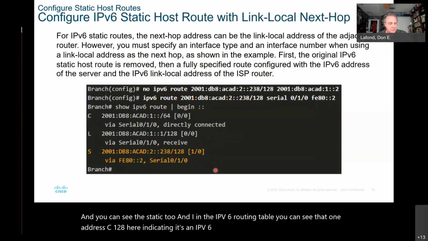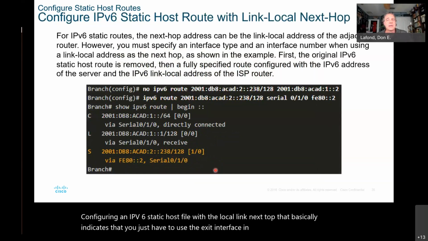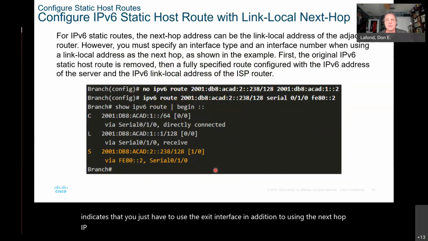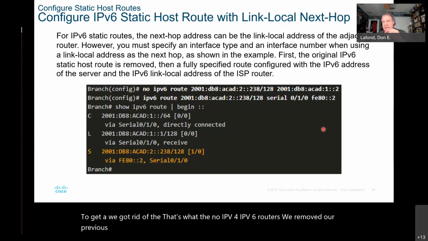Now, configuring an IPv6 static host route with a link-local next hop basically means you have to use the exit interface in addition to the next hop IP address. Here, the no ipv6 route command removes the previous entry we entered on the last slide.